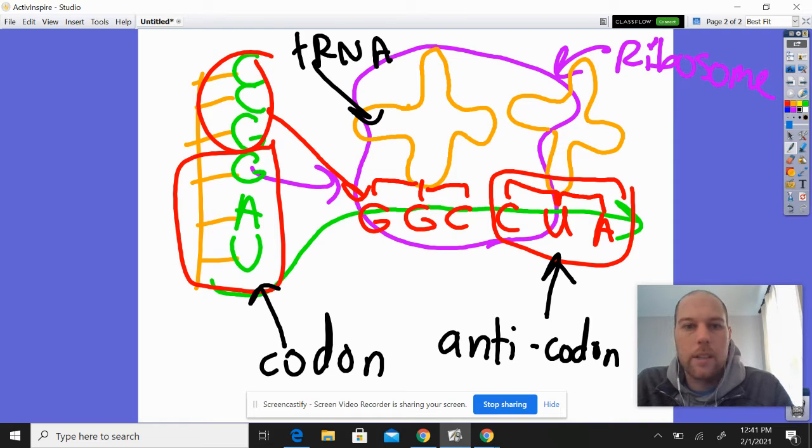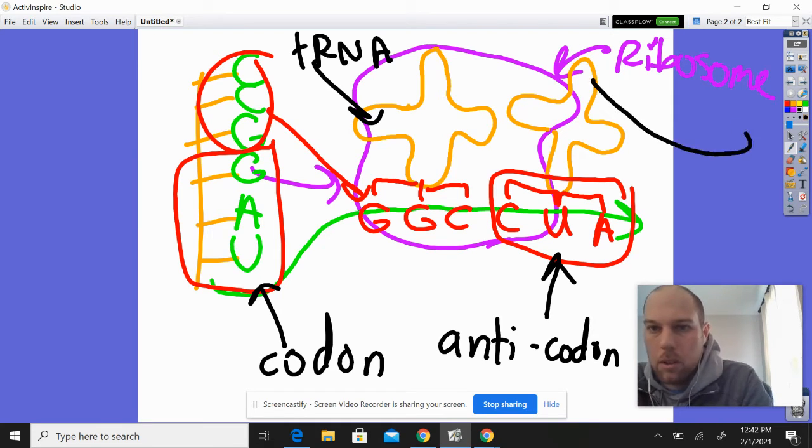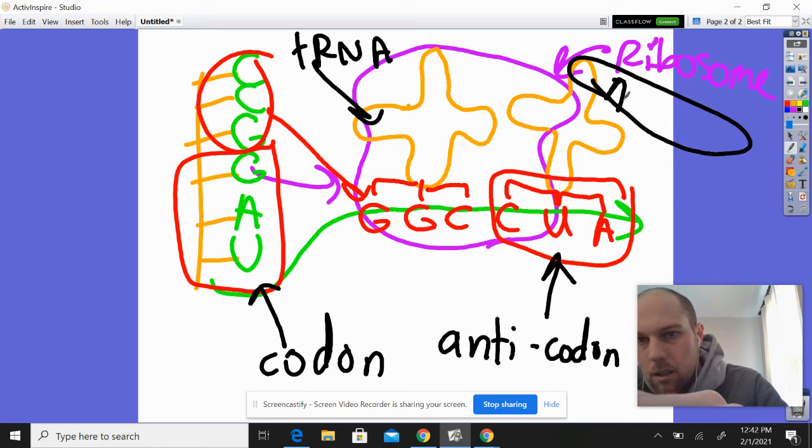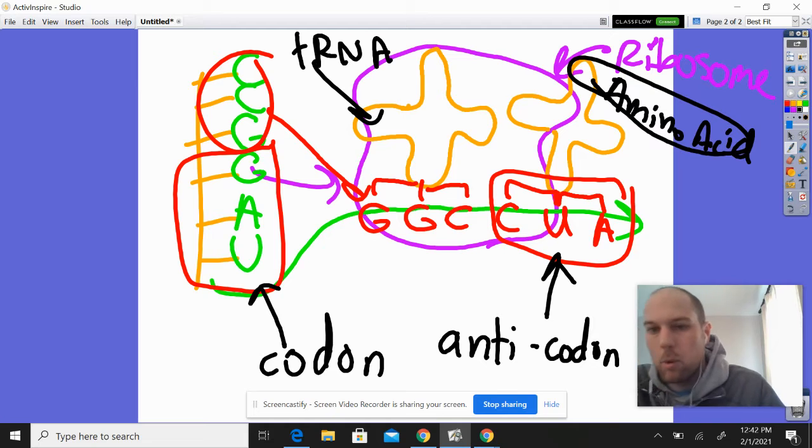So the anticodon matches up with the codon, and then the more important piece of what's happening here is that these tRNAs are carrying with them an amino acid. They each have an amino acid that applies specifically to that codon or that anticodon, right?